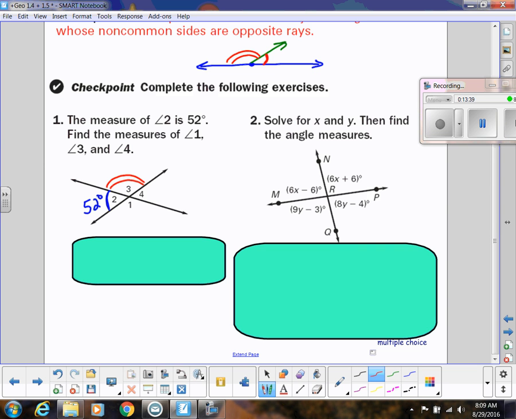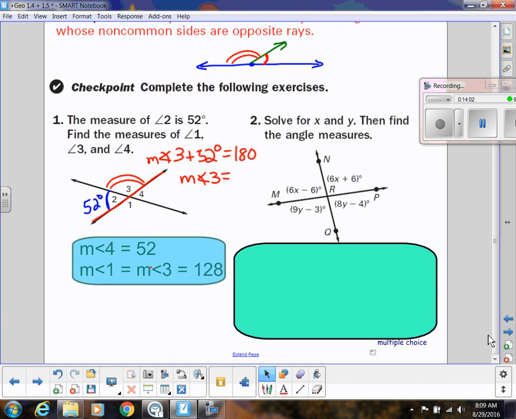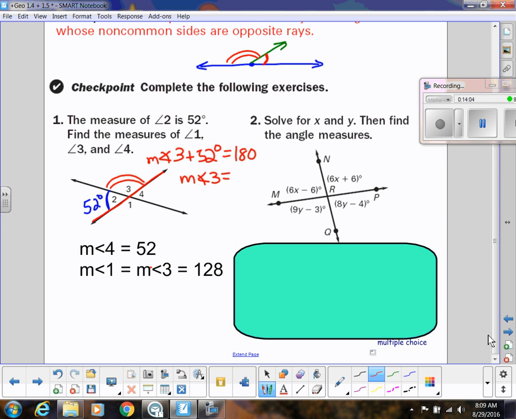So if I know that this whole line is 180 degrees, we're going to use the angle addition postulate. So the measure of angle 3 plus 52 degrees is 180. So if I subtract that, then I'm going to get that the measure of angle 3 is 128 degrees.